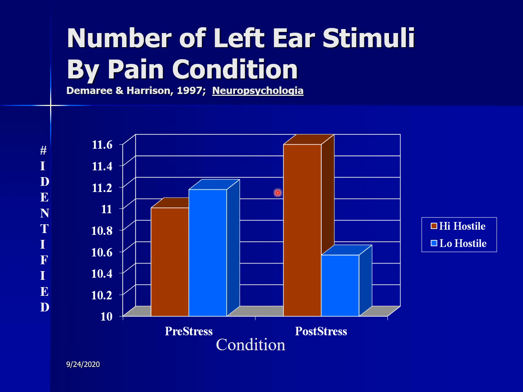And when we're in a baseline quiescent state, we can see that hostile violent prone folks look an awful lot like normal folks. But after putting them in pain, the cold pressor test, they activate their right brain and shift to a left ear advantage. Now imagine mom in the grocery store and the kid's getting in trouble and mom shouts at the kid.